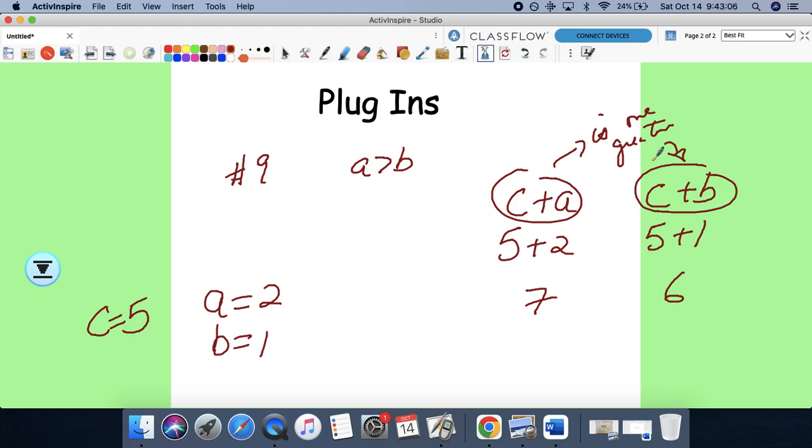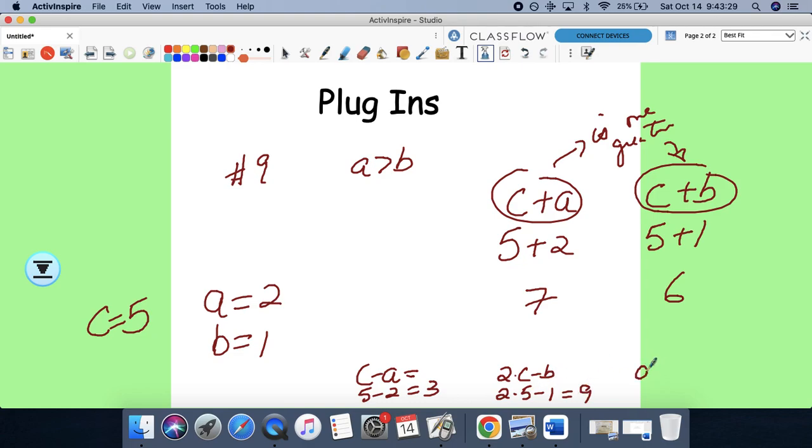C minus A, well, if you take C minus A, what's C minus A? C minus A is 5 minus 2, which gives us 3. No. 2C minus B, 2 times 5 minus 1, which equals 9, right? That doesn't really work.